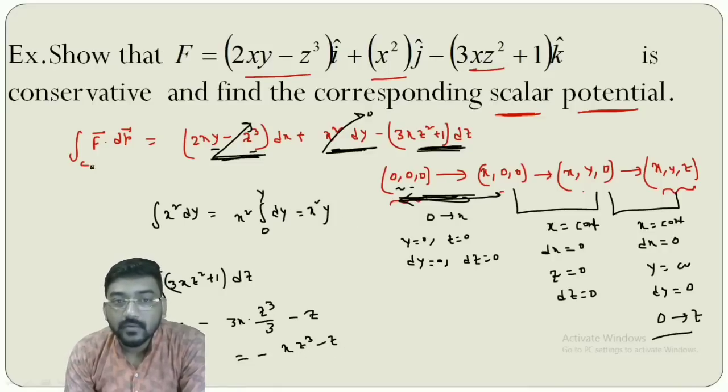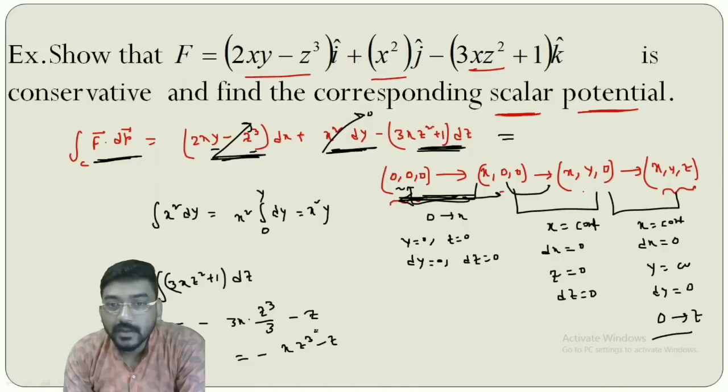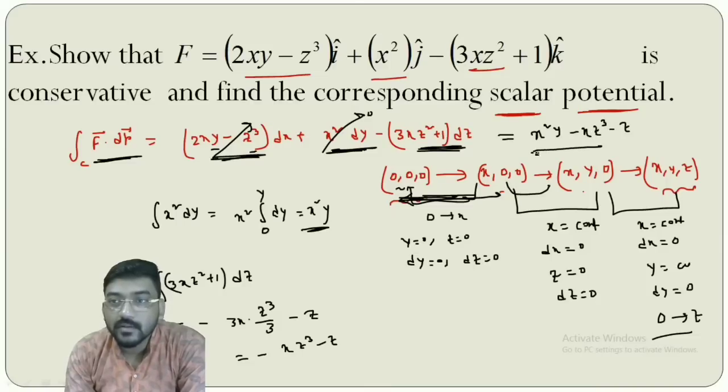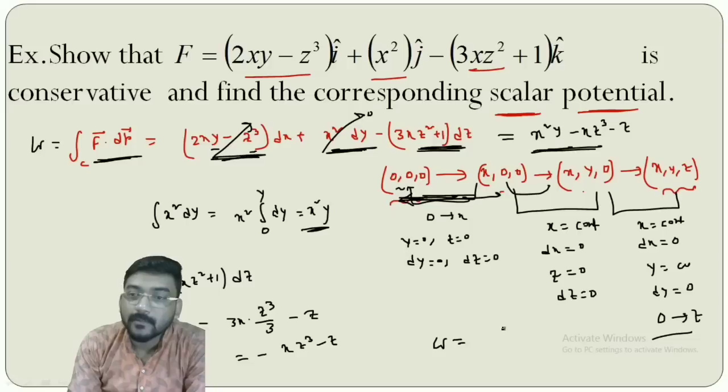So the total line integration will be the sum of each and every part, so the total f dot dr we can find here is nothing but x square y minus x z cube minus z. So this is W, because you know W is equal to f dot dr. So in this way we can find W directly, that is x square y minus x z cube minus z.